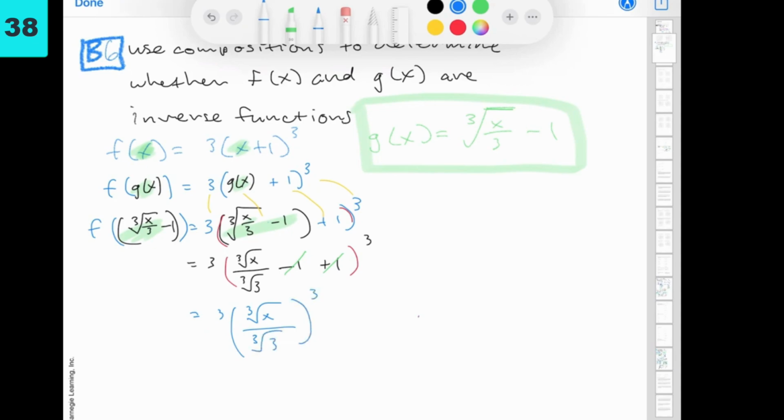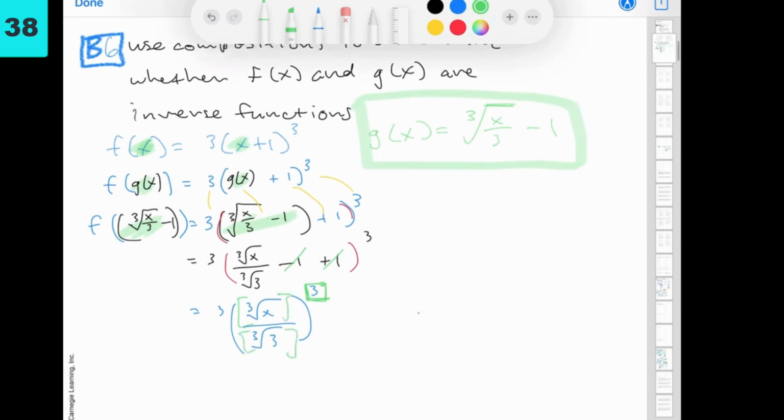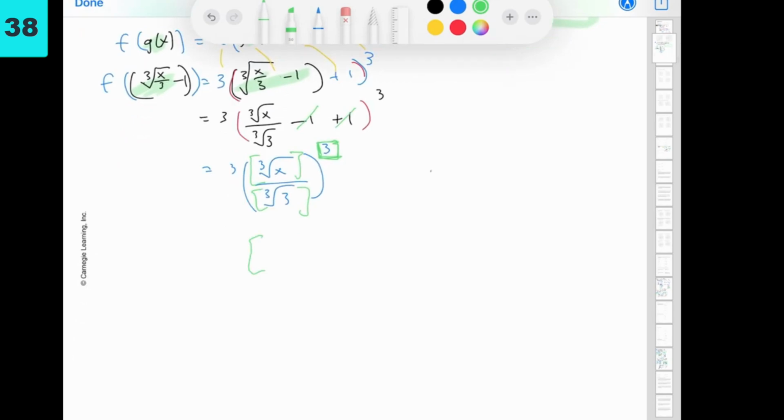Okay, so this power of 3 now goes here and here. Let me write it a second time so you can kind of see that. So we have 3 in the numerator, cube root of x, cube root of 3, and remember those are all opposites.